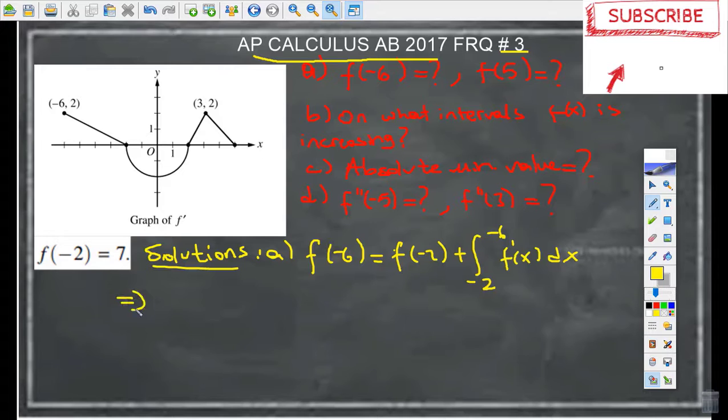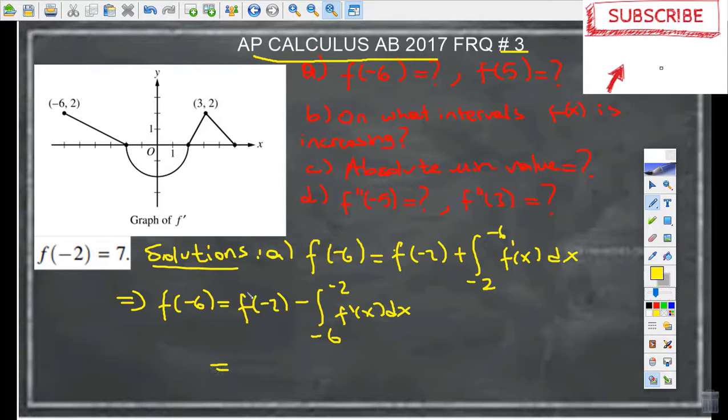Since the upper bound is less than the lower bound, I need to switch them. So when I switch them, f of -6 is equal to f of -2 minus the integral from -6 to -2 of f prime x dx.